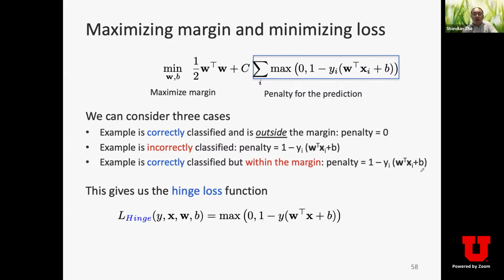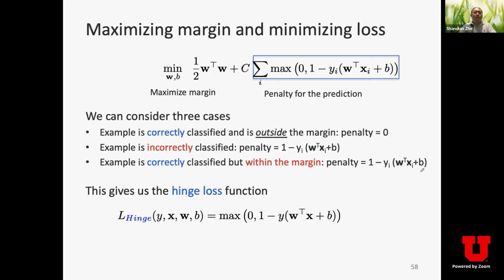So this particular type of loss or penalty is called hinge loss. It's SVM specific, as we discussed before. You can come up with whatever loss function you like. You want to penalize the wrong predictions and reward the correct predictions.